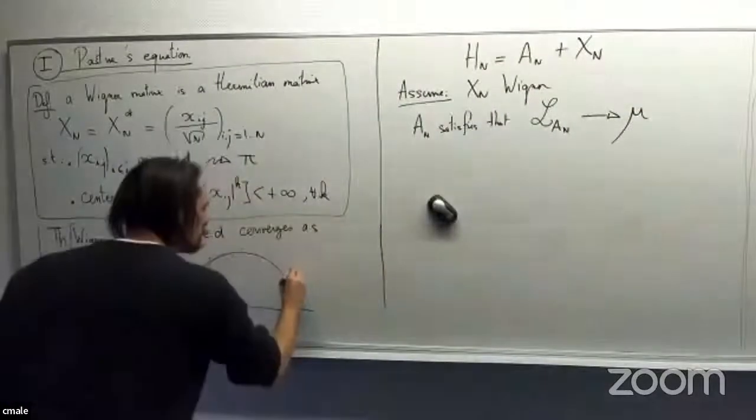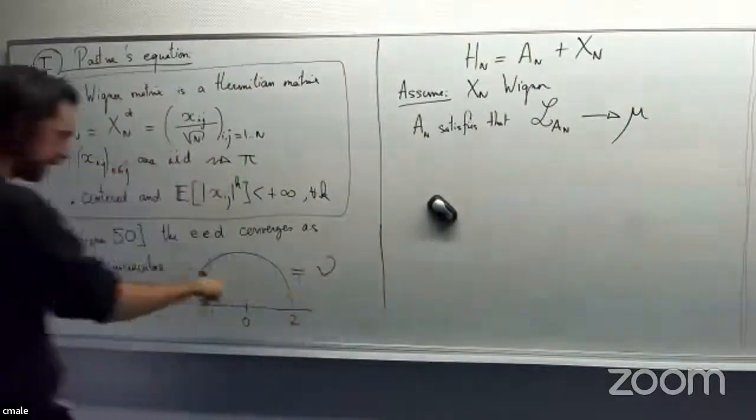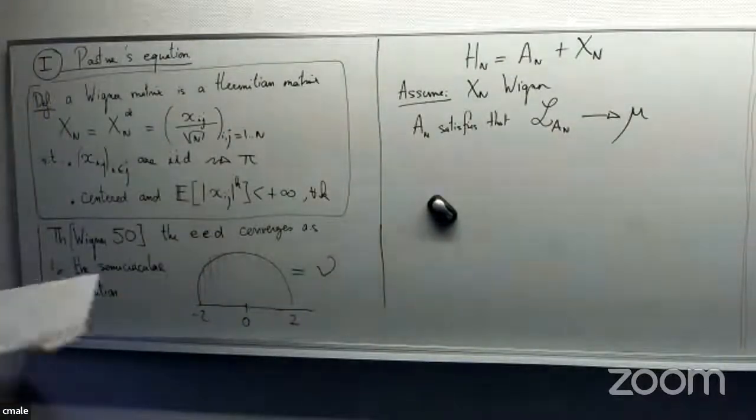And let me call mu this semicircular distribution.